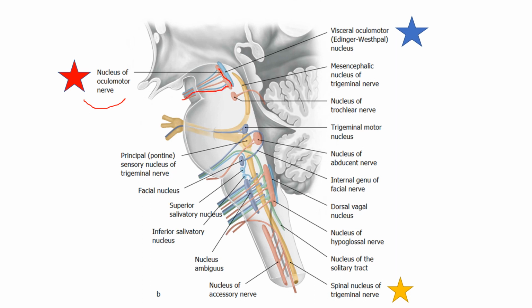That's what those red fibers are there. You could see the Edinger-Westphal, so the textbook calls it visceral oculomotor because again, remember we're getting rid of eponyms, or naming things after people's names, because it doesn't help us in understanding it, right? But visceral oculomotor sure helps us in understanding that this has to do with pupil response. Parasympathetics.